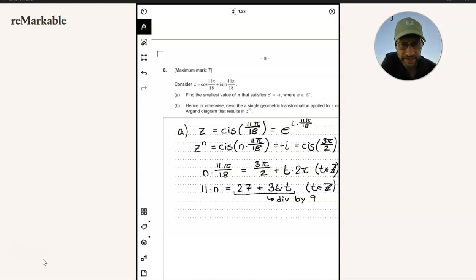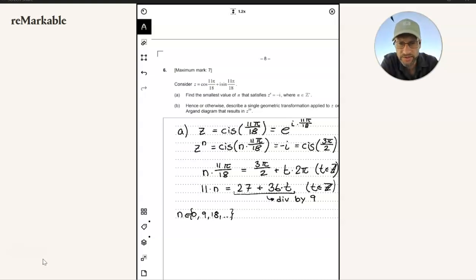So if the left-hand side has to be equal to something that is divisible by 9, and since 11 is a prime number, then n must be divisible by 9. So we already know that n must be 0, 9, 18, or so on. So I could say n is one of those numbers.